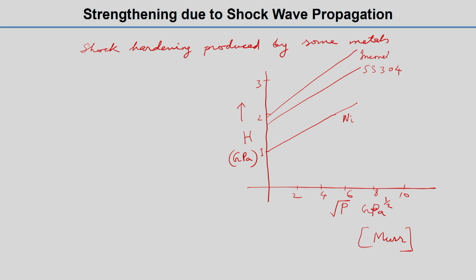This may not be very accurate, please check the book for the proper diagram. Just to show you that when pressure increases, the hardness increases, and we can understand that there is a square root dependence on pressure.